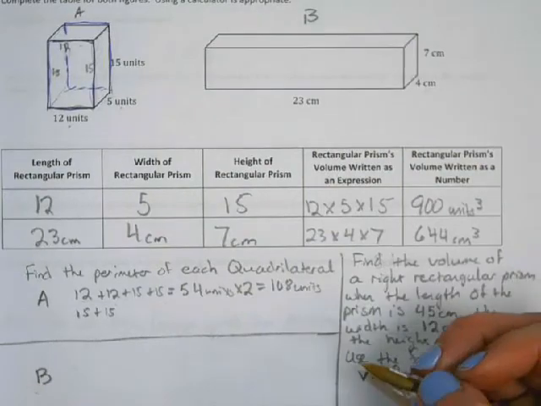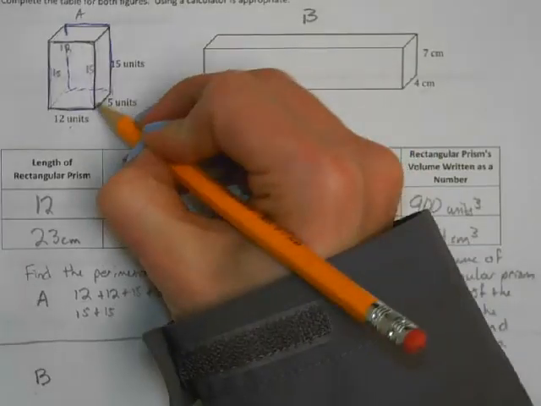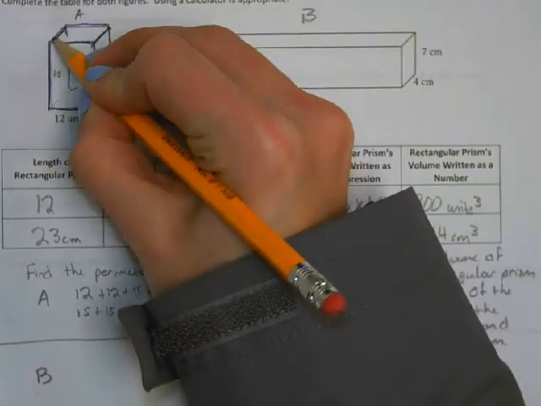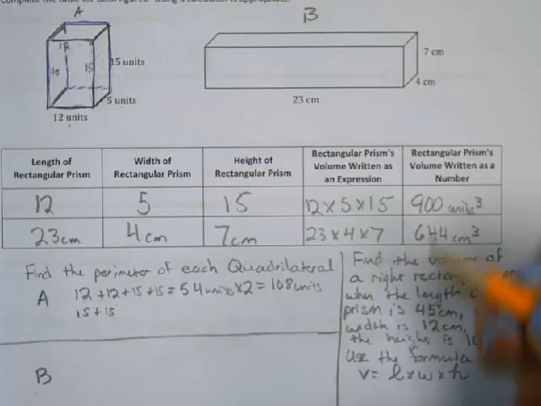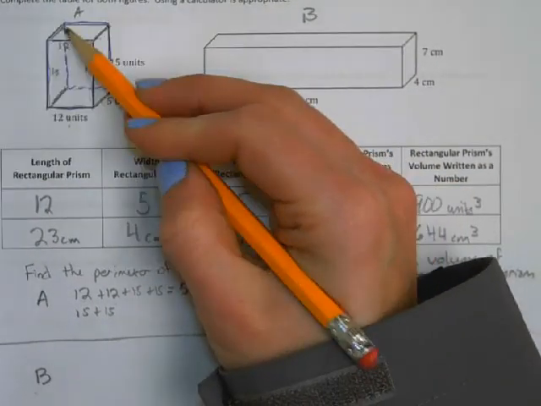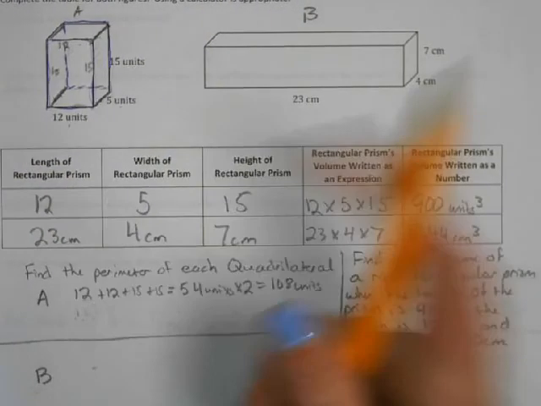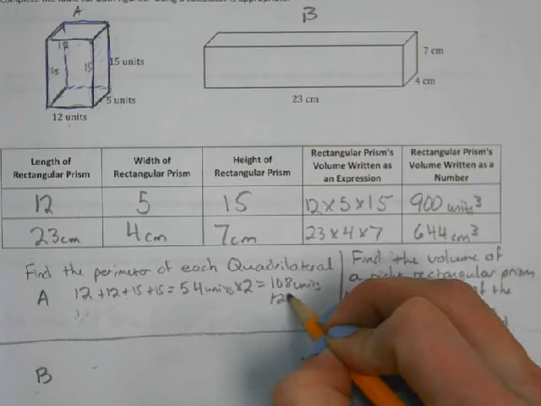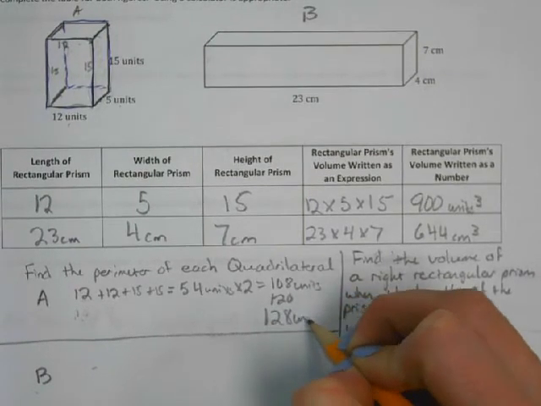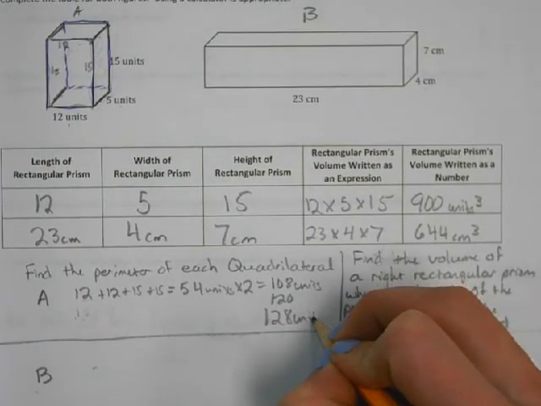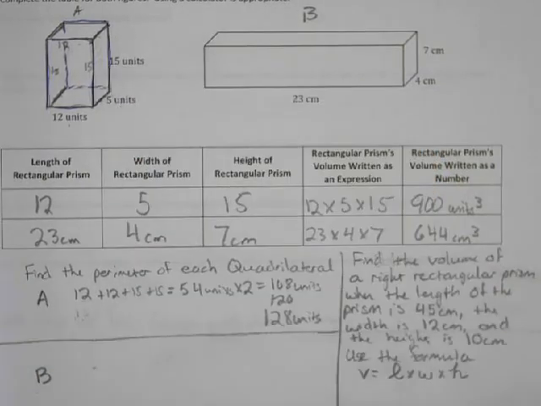So the sides I have left are this, this, this, and then that one back there. So that's 5, 10, 15, 20. So that means I just add 20 on to this, and the perimeter is 128 units. So all the edges, that's what that would be.